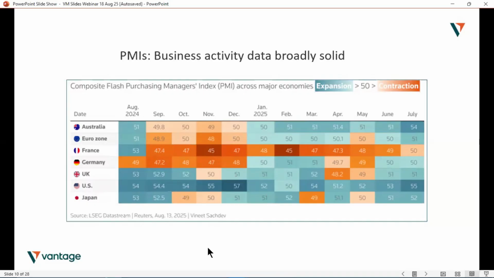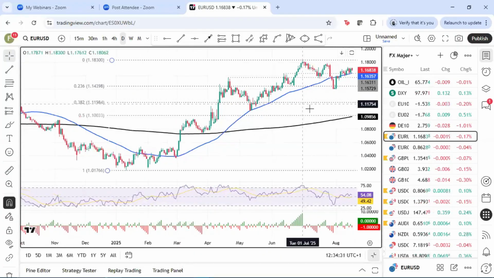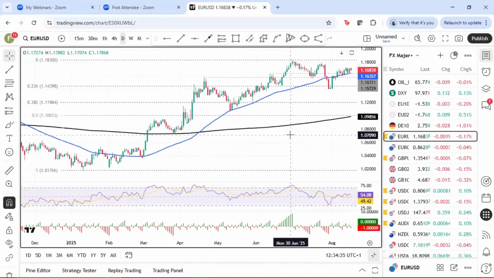Finally, if we pull up the euro-dollar chart, which is here, you can see the blue line, the 50-day moving average, looks like decent support. Potentially that's at 116.35. You've got the multi-year high from the start of July at 118.30.